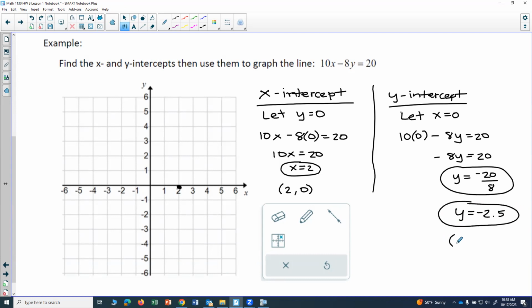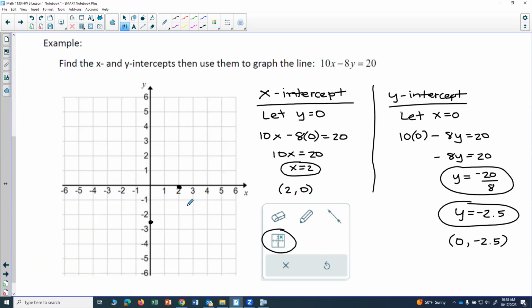And so my ordered pair is x is 0, y is negative 2.5. I'll graph that over here. Now, when you're using the Desmos toolbox, you can use this button right here to put in ordered pairs. So for the x-intercept, you'd put in 2, 0, and it would plot the point for you.